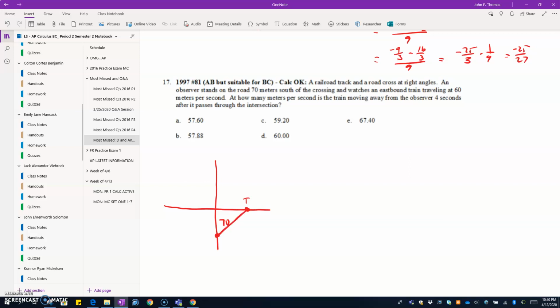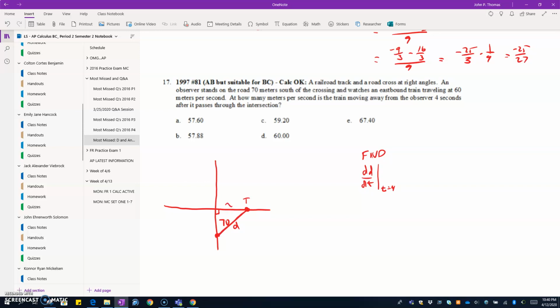Now, what I've got here is a right triangle formed. The question says, at how many meters per second is the train moving away from the observer 4 seconds after it passes the intersection? So in our find column, we're going to have dd/dt, specifically when t equals 4. d is going to be this distance here between the person and the train itself.